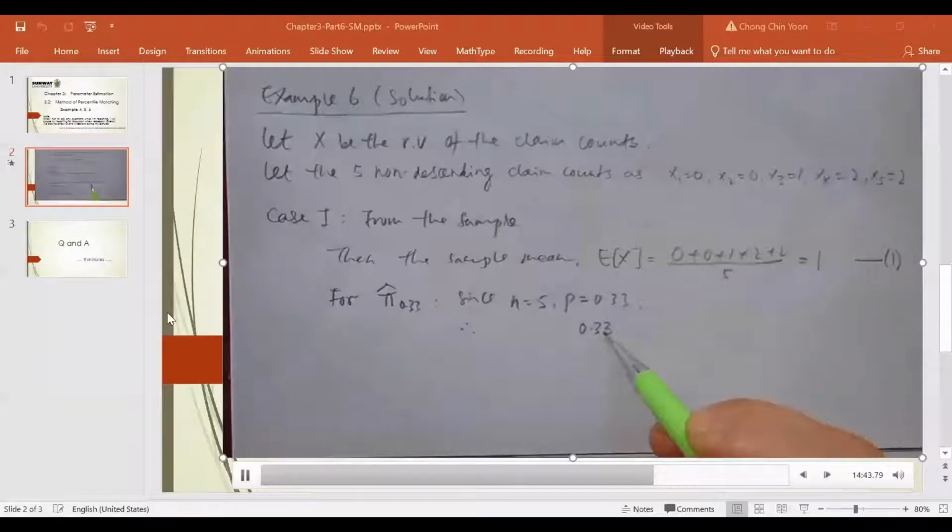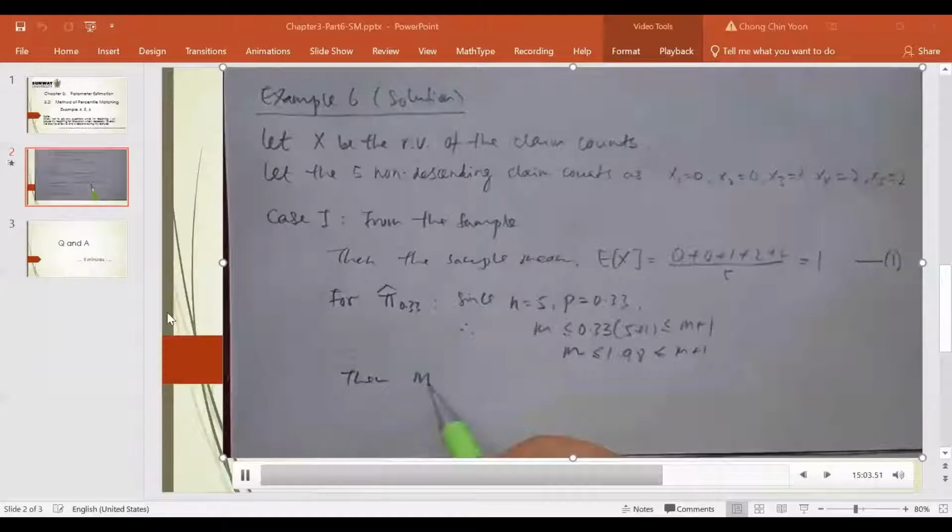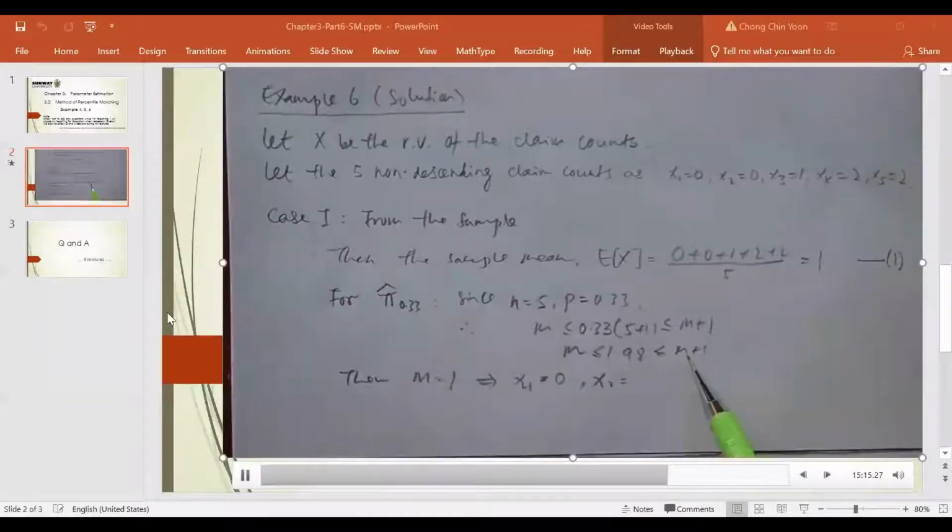In other words, 1.98 is bounded between m and m plus 1. Therefore, we choose m as 1, which implies that the first observation is 0, and the second observation, that is x m plus 1, is 0 as well. Thus, the estimate of this 33rd percentile is 0.